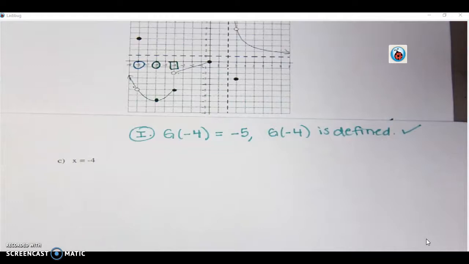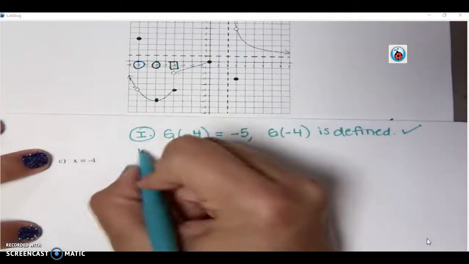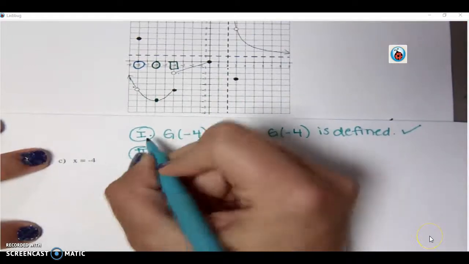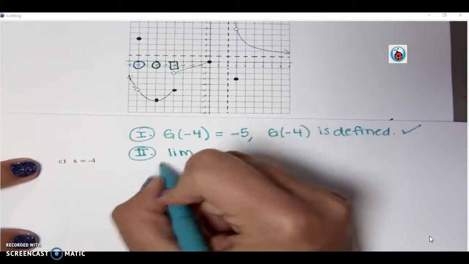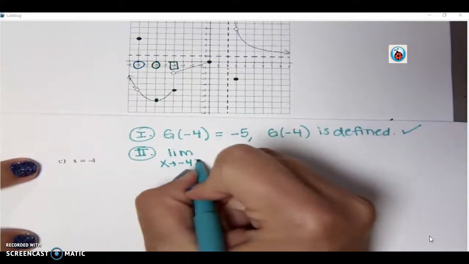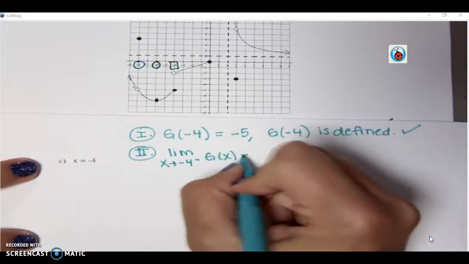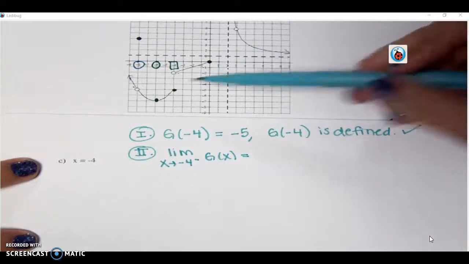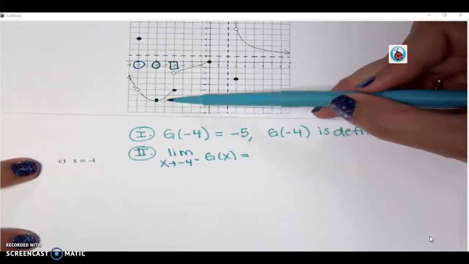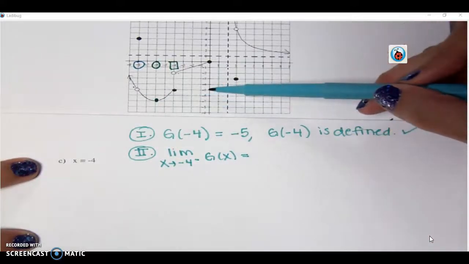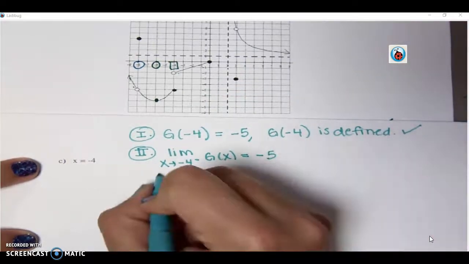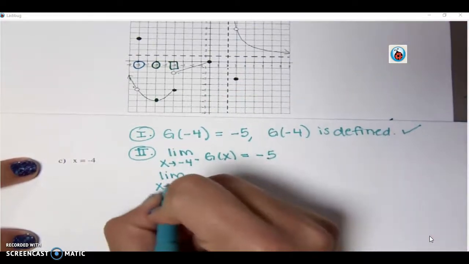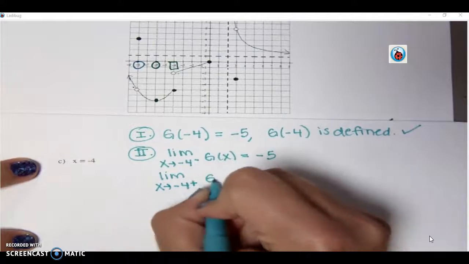Okay, so for step 2, we want to figure out if the limit exists. So we're going to do the limit as x approaches negative 4 from the left. If we come in from the left side, that y value is going to negative 5. And then we're going to do the limit as x approaches negative 4 from the right.